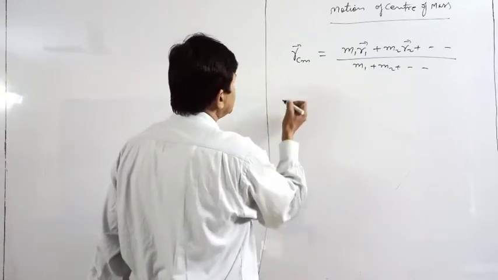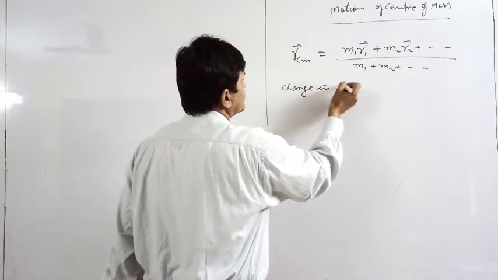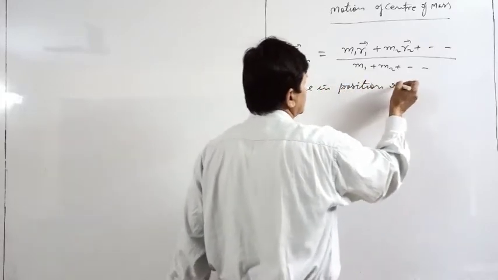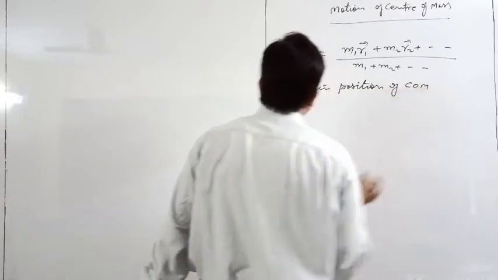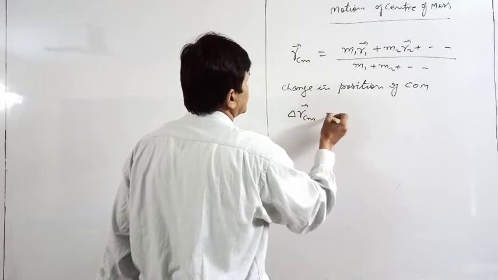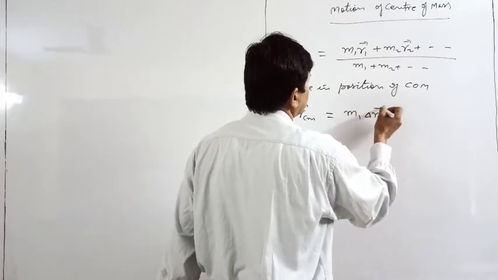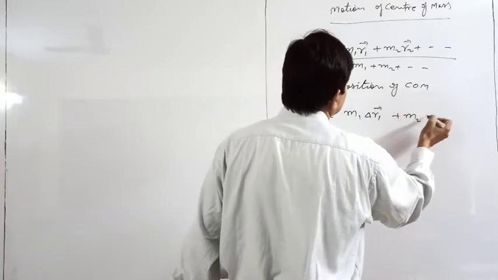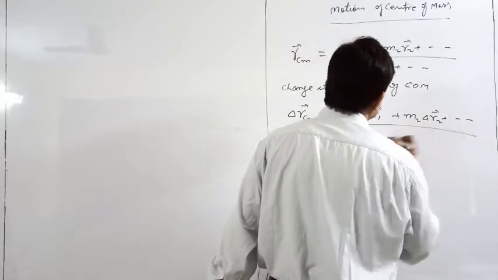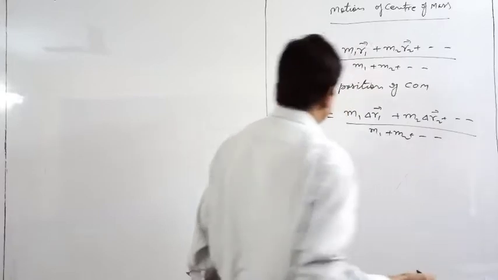So we can write here, change in position of center of mass can be written as delta RCM is equal to (M1 delta R1 plus M2 delta R2 likewise) by (M1 plus M2 like this).